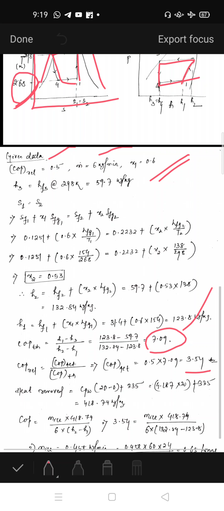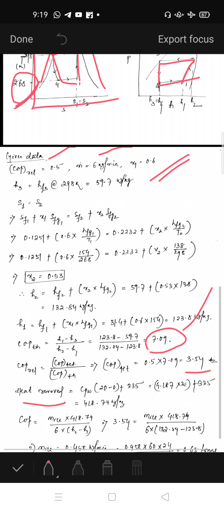So the actual COP will be the mass of ice into the heat removed, 418.74, divided by the mass flow rate, 6, into the compressor work, H2 minus H1.